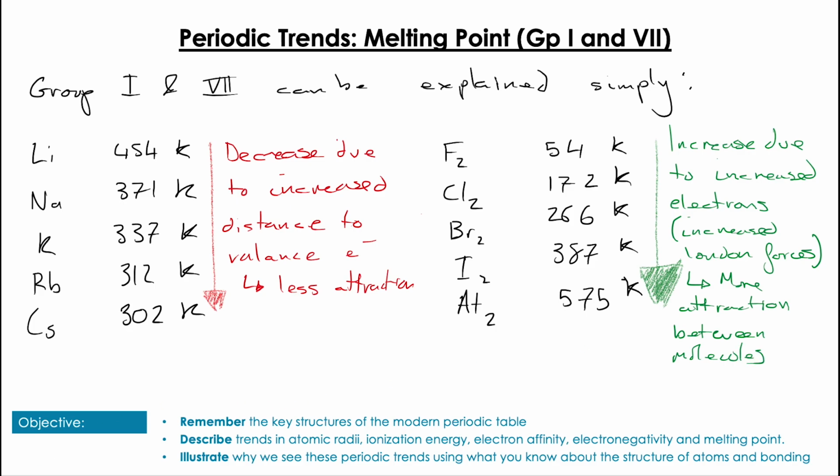So quite a few properties and trends for us to take in this video, but always bringing it back to those same reasons that we started to look at in Unit 2 and also using knowledge from Unit 4 to explain them. There's a lot to remember, but if we remember the underlying principles of how to use the periodic table as a tool, then we're going to be able to illustrate why we see these periodic trends using structure of atoms and bonding instead of just rote memorization.